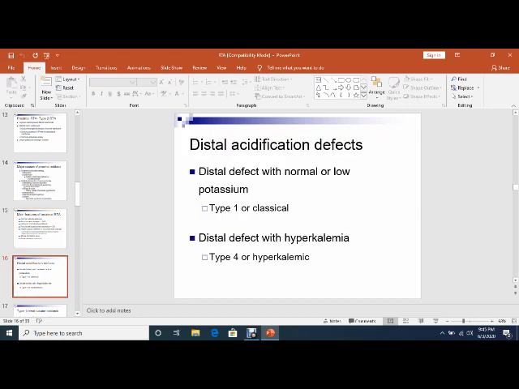Now coming to the distal acidification defect. Distal defect with normal or low potassium is called type 1, or classical renal tubular acidosis. And distal defect with hyperkalemia is called type 4 hyperkalemic renal tubular acidosis, type 4 RTA.